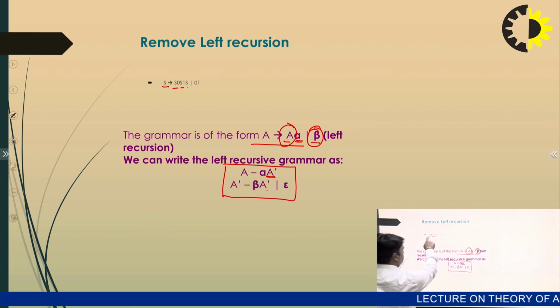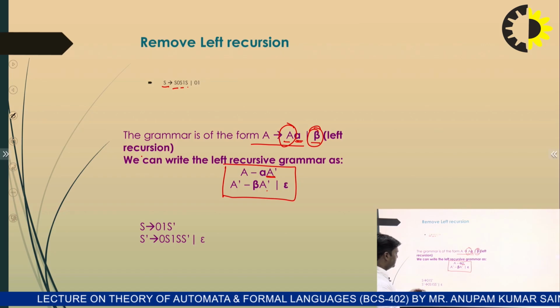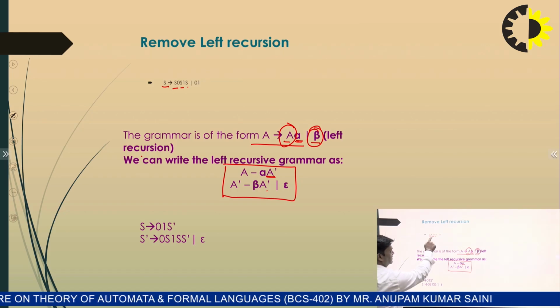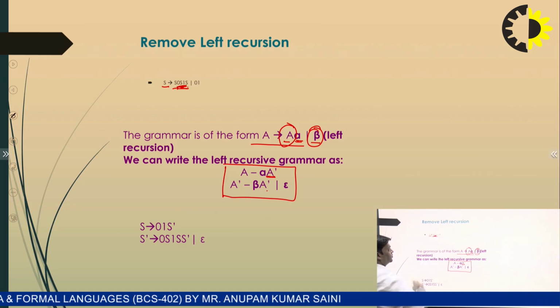How do we remove left recursion in this grammar? We write S implies 01, then a new symbol S dash implies the remaining production except the starred symbol.